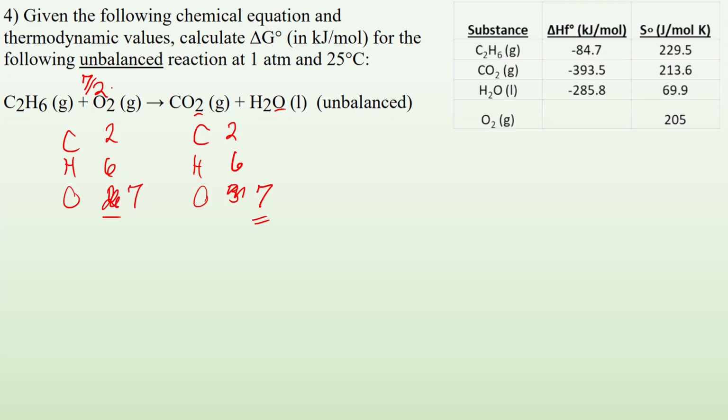But the problem is I can't have a fraction. The 7 halves has got to go, right? So how do I fix that? Well, I multiply everything by 2. Now I have 2 C2H6s. If I do 2 times 7 halves, I just end up with 7. I do 2 times CO2, I got a 2 there, and 2 times the 3 H2O that was there is now a 6.